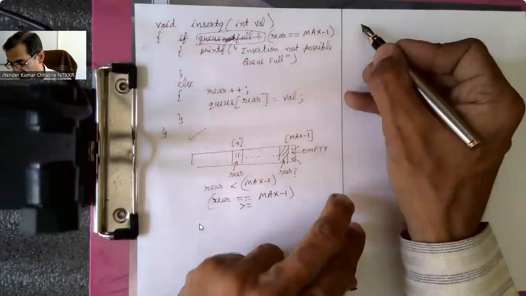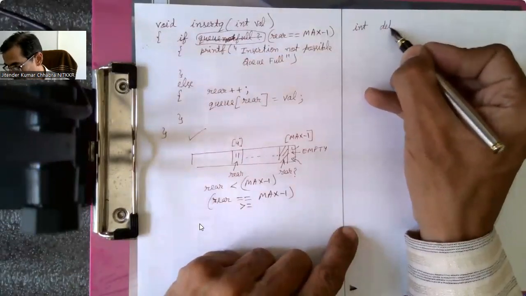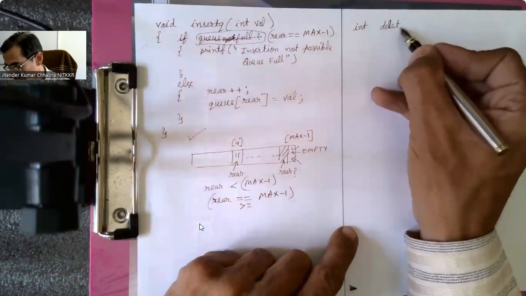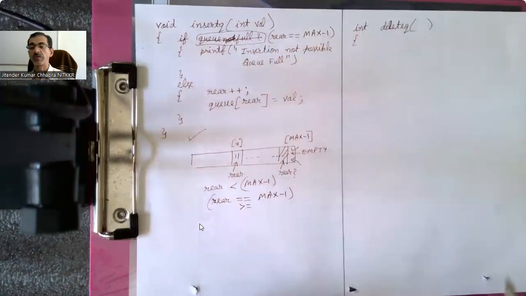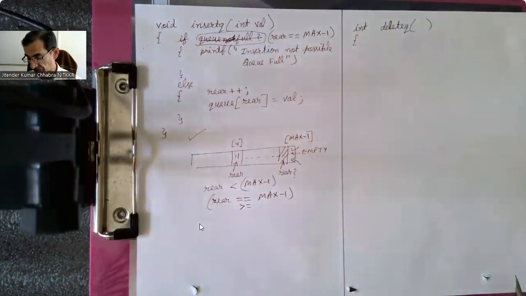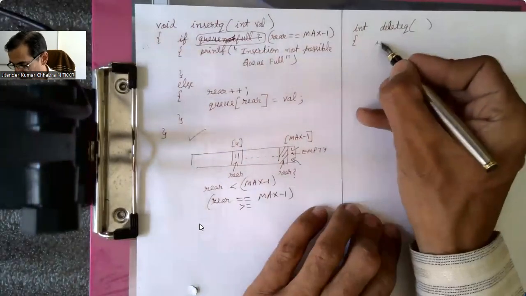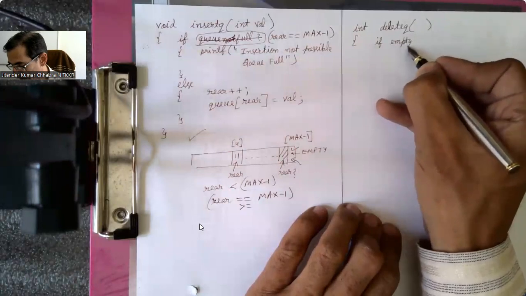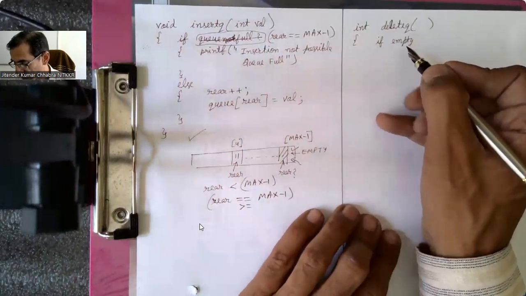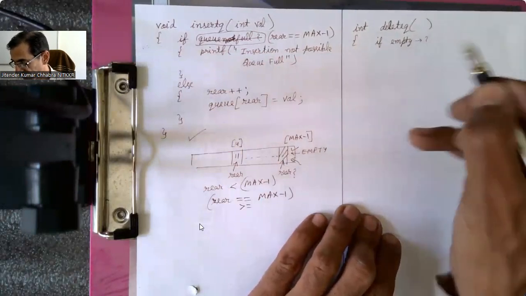Let's look from the deletion angle now. Int delete queue, and no parameters. What we have to do? If the queue is empty, deletion not allowed. So first condition must be if empty or not. If the queue is empty, then we are not going to permit the deletion. So we will check that, the condition we will decide.